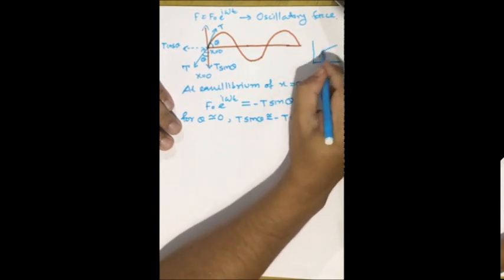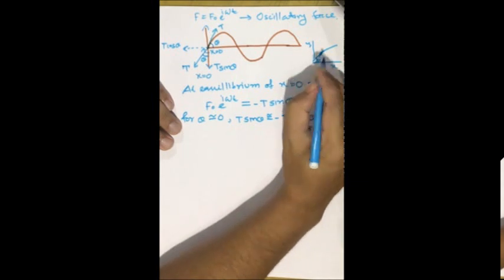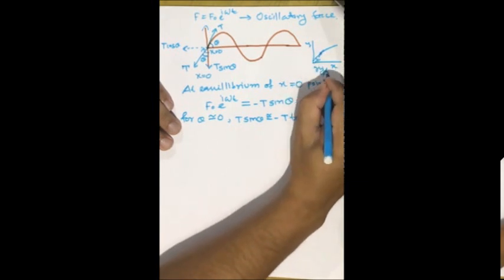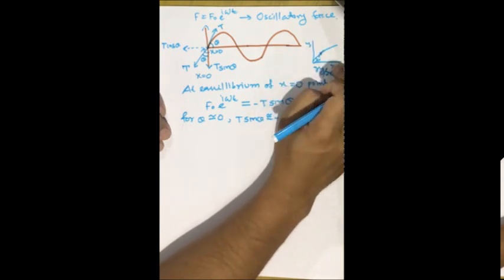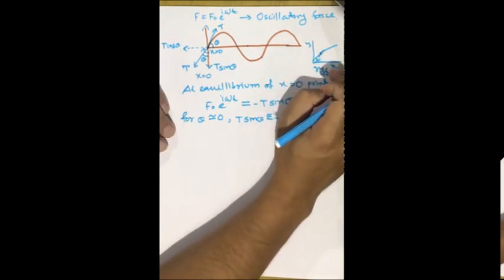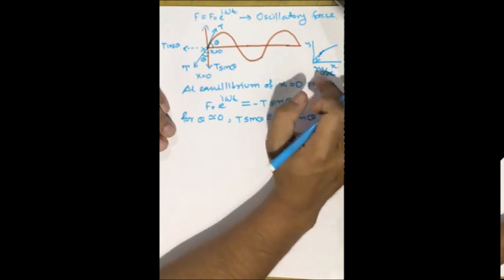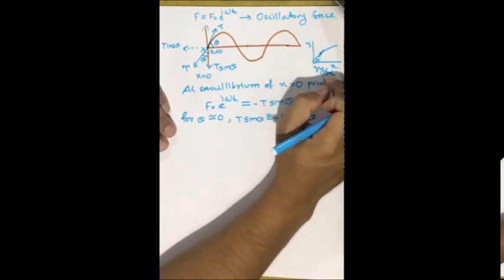For example, if this is y and this is x, then the value of tan theta at any point will be determined by del y by del x. Here I am writing the symbol delta because y is a function of both x and t, as I have told you many times.